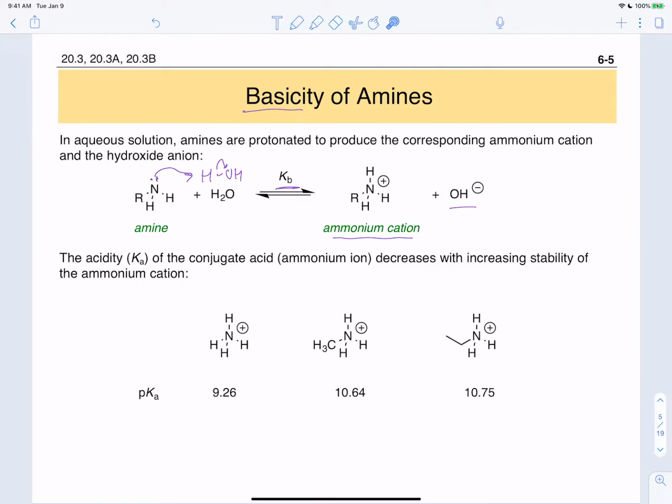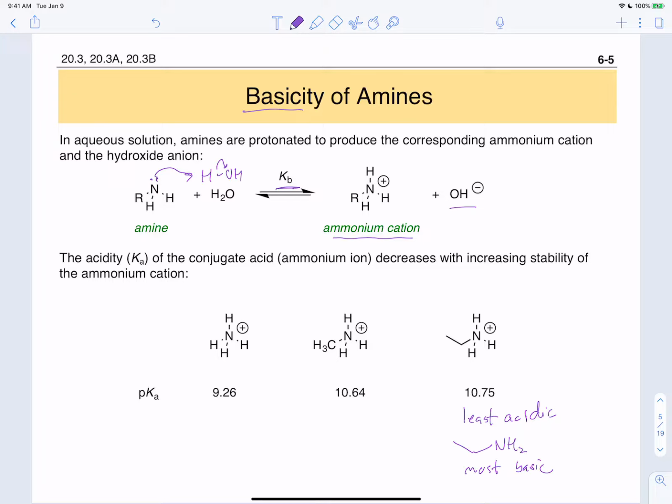So if we look at this, we can see that an ethylammonium salt is going to be the least acidic, that means that the initial parent primary amine would be the most basic.